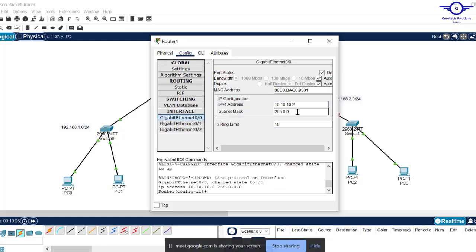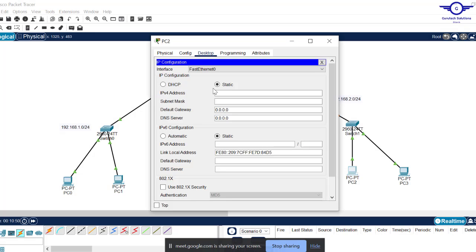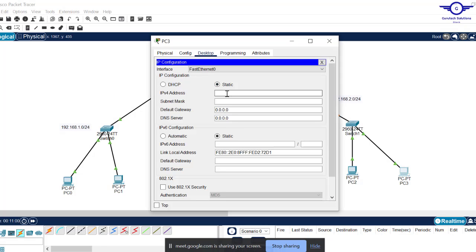And the subnet mask, because it's /30 notation, will be 255.255.255.252. And gig 0/1 should be 192.168.2.1. Copy that. All right, so to the PCs, let's say 2.10, then this one is 2.20.